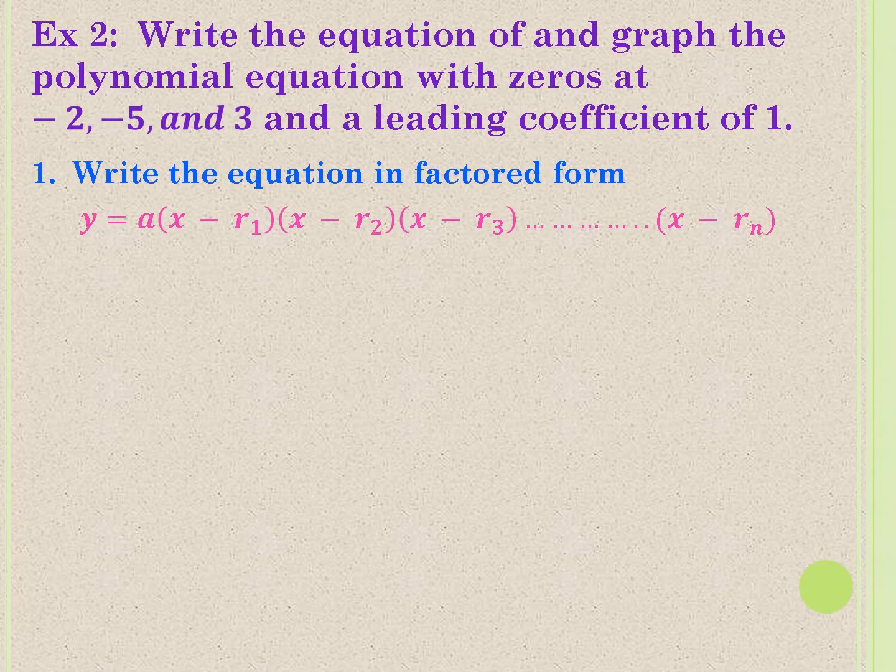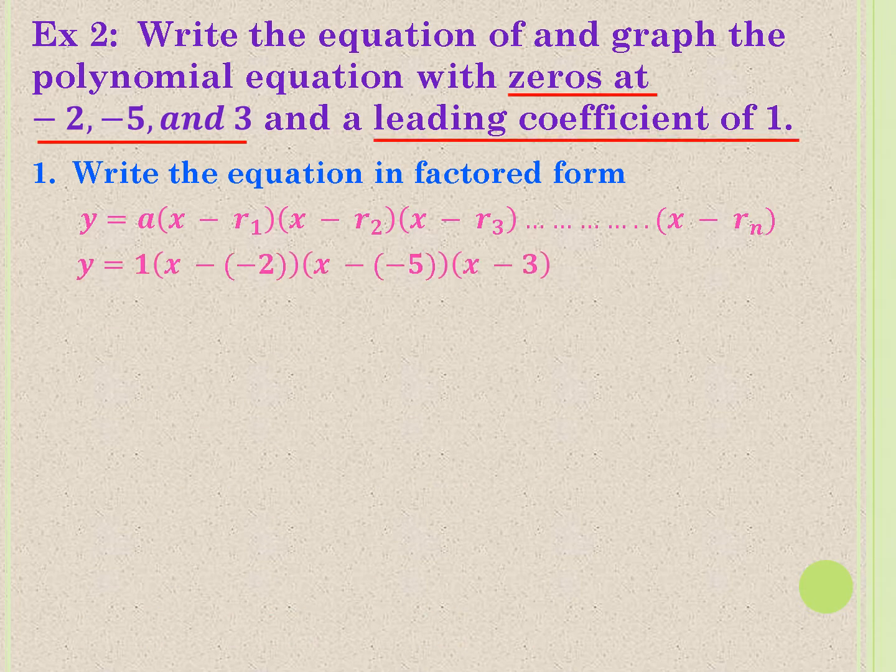So in this case, I only have 3. And I know my a, that's my leading coefficient. I know my a is 1. So I plug in the roots or the zeros, same thing, and I plug in a equals 1. Now, minus a negative is plus a positive. Minus a negative is plus a positive. And then that final one, x minus 3, is just fine.